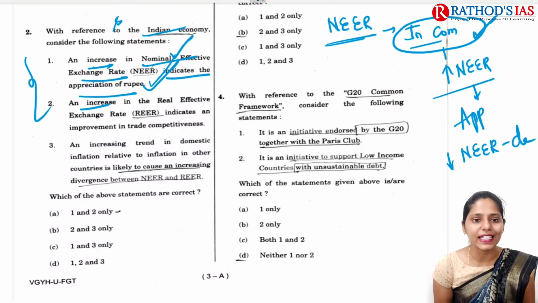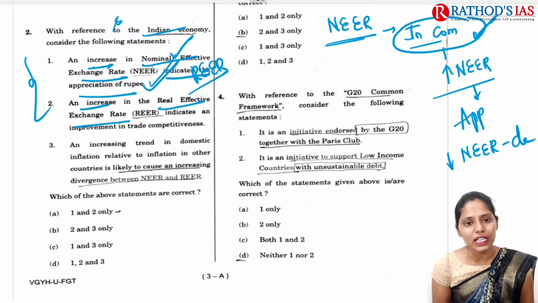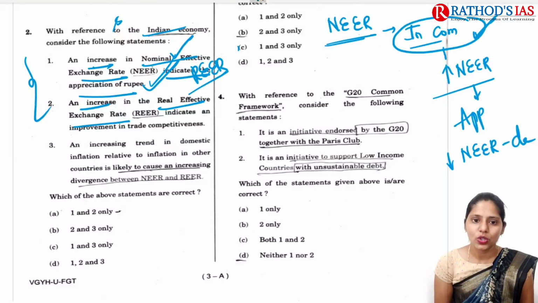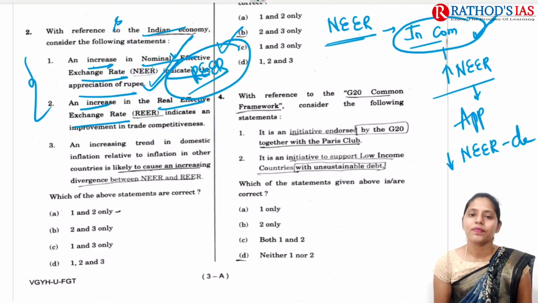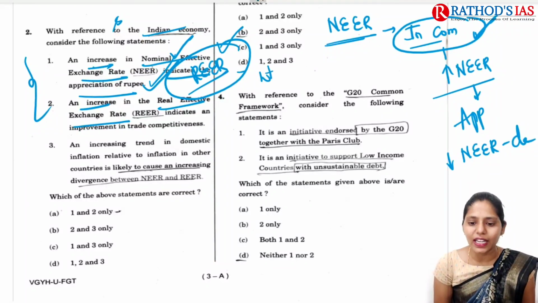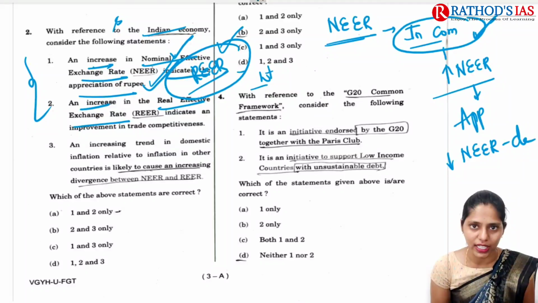The next one is: an increase in real effective exchange rate, that is REER, indicates an improvement in trade competitiveness. Here you need to know what the real effective exchange rate is. It is the weighted average of the country's currency against a basket of other major currencies.